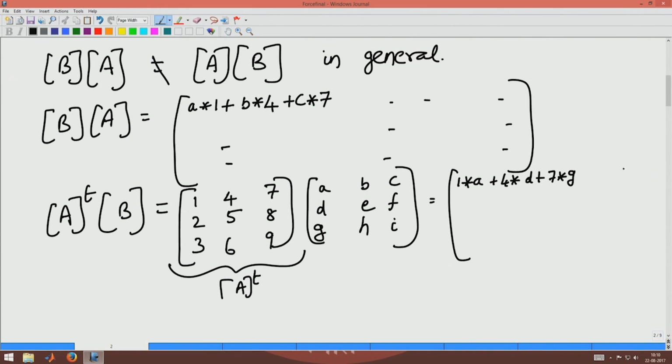Second entry would be 1 times B plus 4 times E plus 7 times H and so on. I leave it as an exercise for you to complete the remaining components of A transpose B. So, this is what this multiplication means.